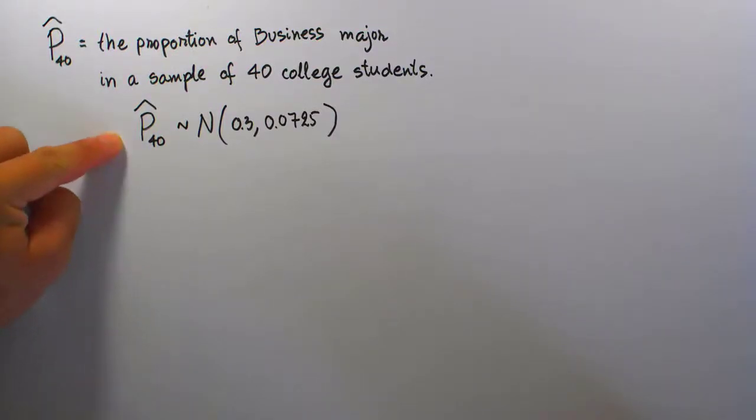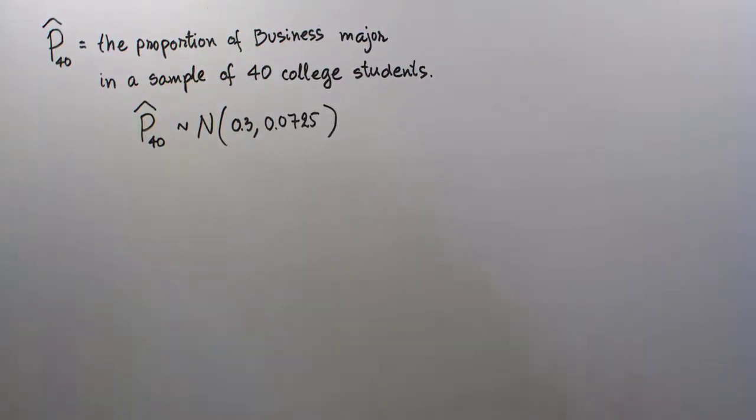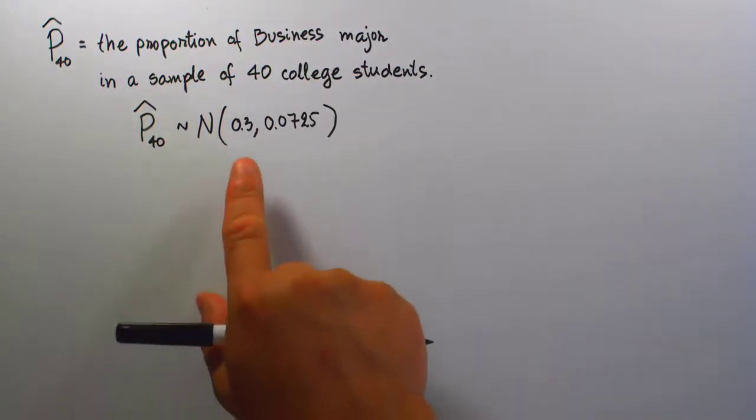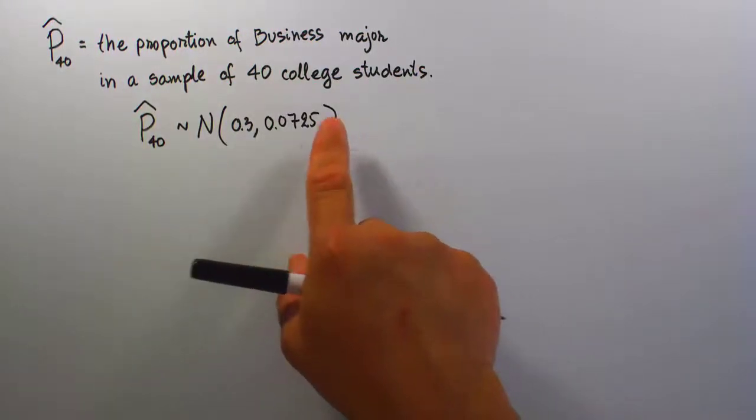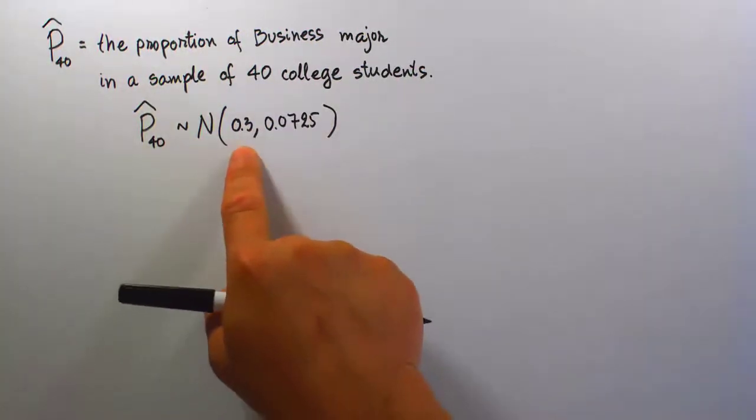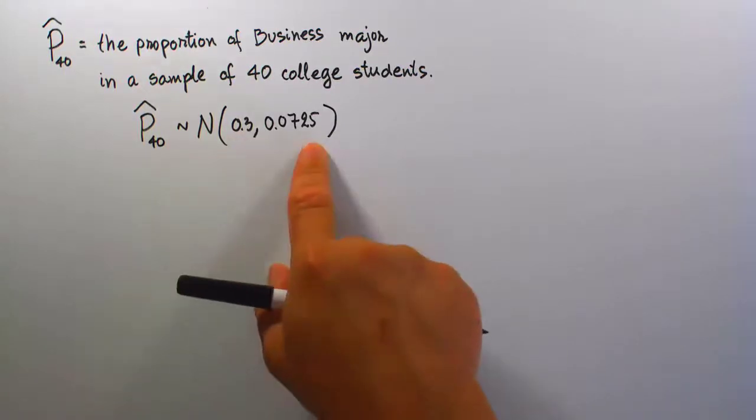All this known information came from answering different questions in part A of our current example. And now we see the real usefulness of coming up with this distribution shape: we have the center of the bell curve and the standard deviation.